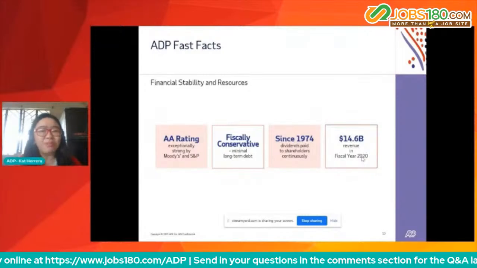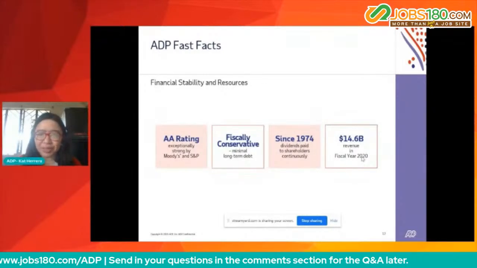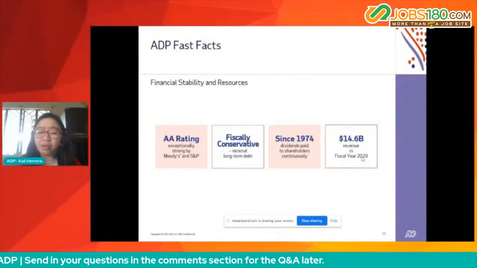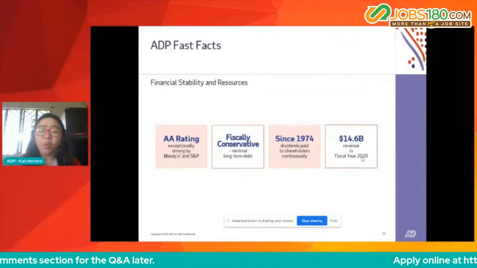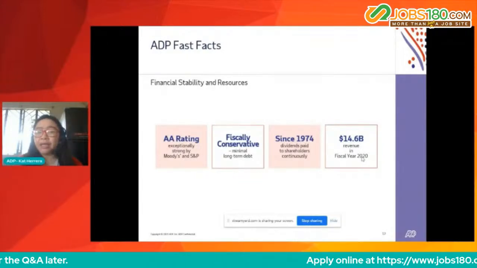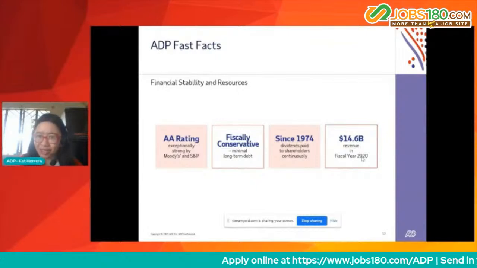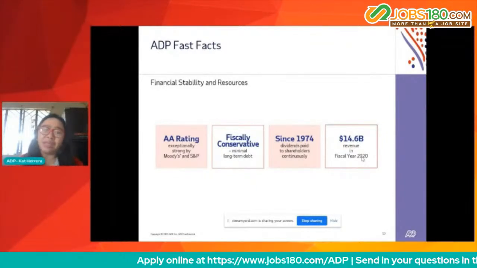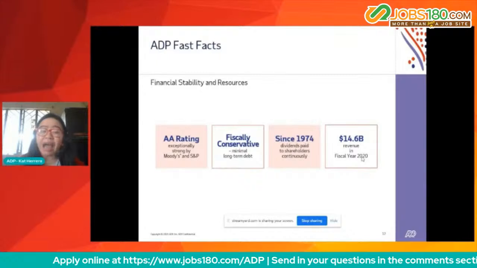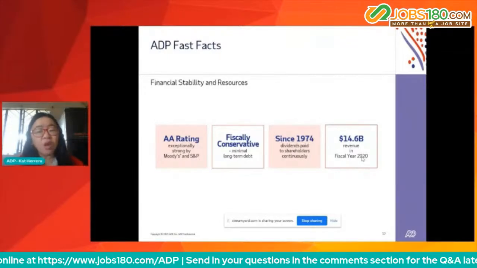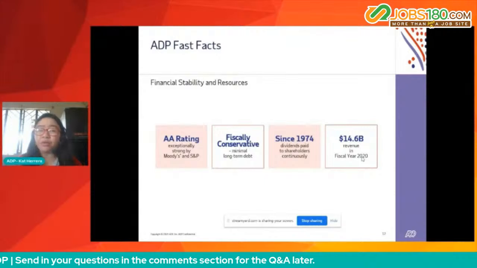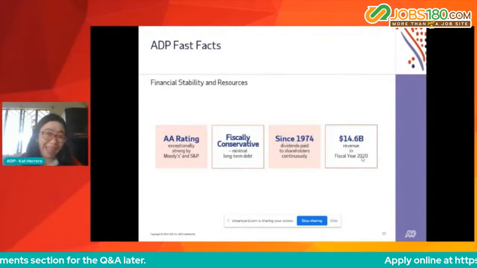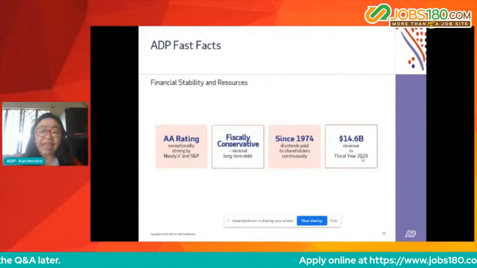Financial stability, we move on then to stability and resources. We have been rated double A by Moody's and S&P. What is that? It's a rating body in the US, and it just means that ADP is a reliable company because we have minimal long-term debt, which means that investors bank on us being able to pay off the minimal long-term debt, and not only that, to sustain the business.